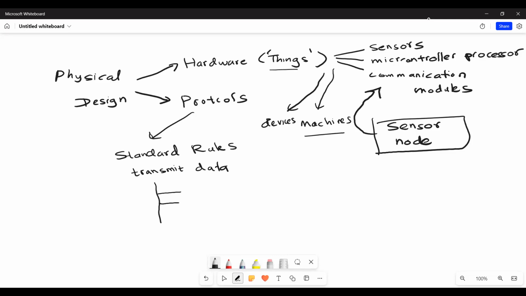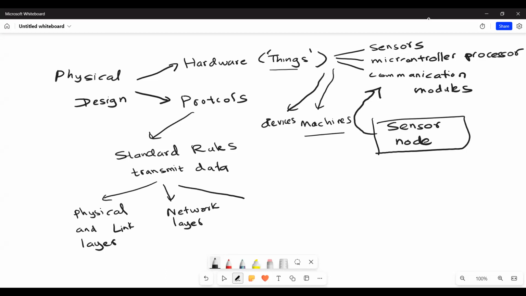We will be discussing the protocols that come under the layers, which are basically the physical and link layer, then the network layer, the transport layer, and the application layer.